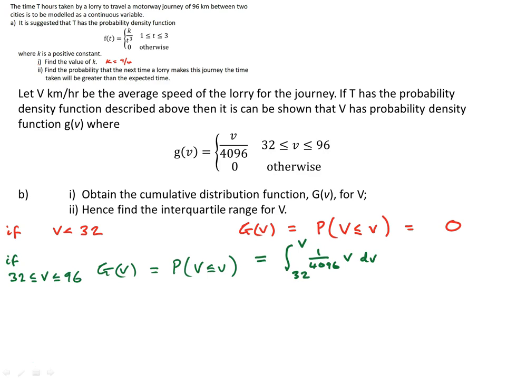Doing the integration, we get 1 over 8192 times v squared. Put the limits of v and 32 in, and we get G of little v is v squared over 8192, take away 32 squared over 8192, which turns out to be 1/8.